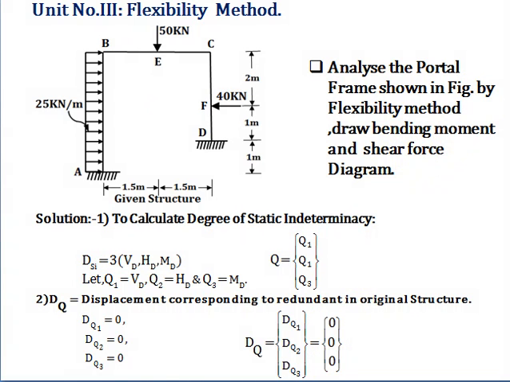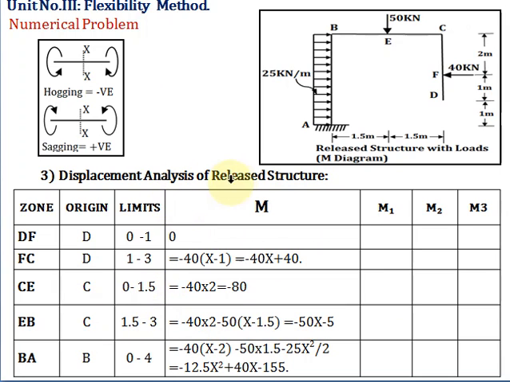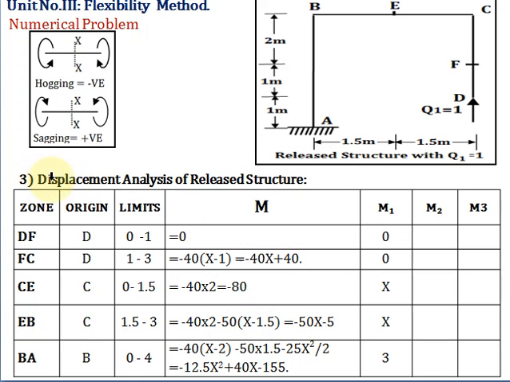Afterwards, we did the displacement analysis of the release structure with load. In that we found the bending moment in the release structure with loads, and these are the values. Then we did the displacement analysis in the release structure with q1 equal to 1, and found the values of bending moment with q1 equal to 1.